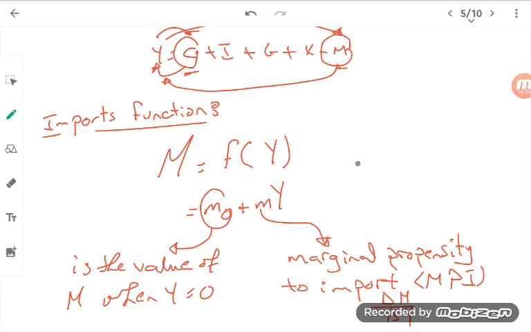So if we write it as M equals 100 plus 0.25 Y, this means that for each unit of income you are going to spend 0.25 on imports.